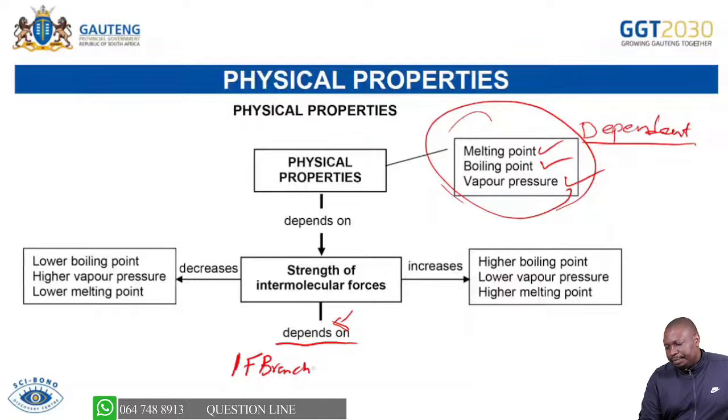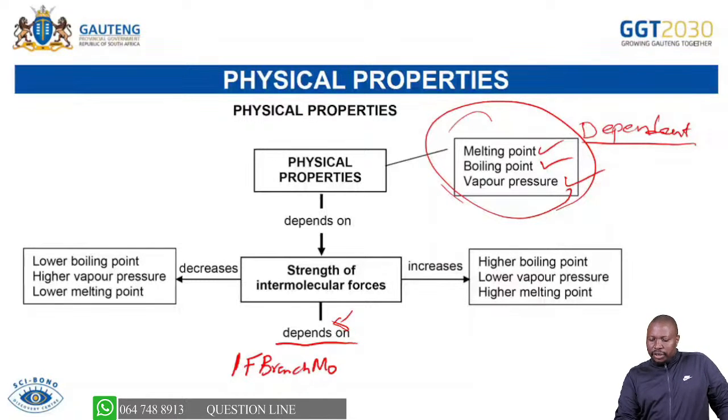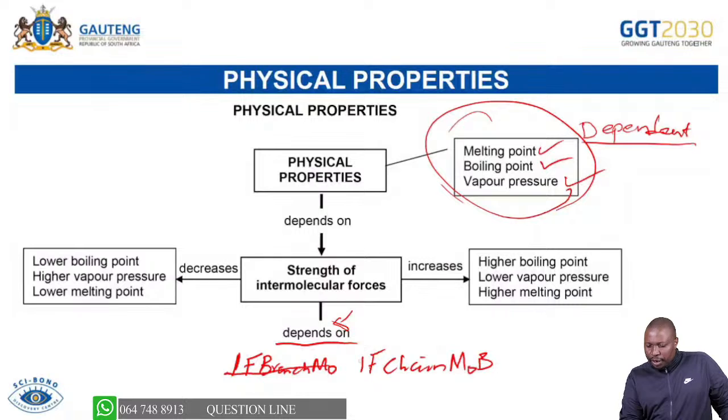And is there molecular mass? They can depend on the molecular mass and can differ. If I'm to write it correctly, I'll say IF CMB, so that you don't forget. So you see that we look at the intermolecular force, the functional group, the chain length, the molecular mass, and the branch.